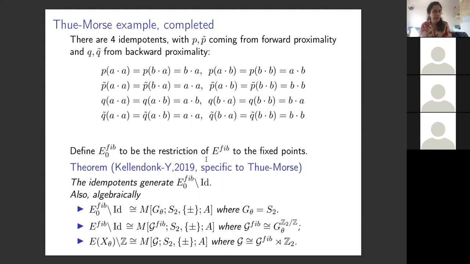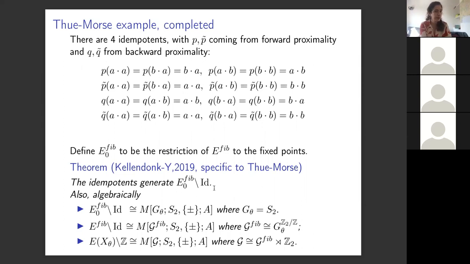Remember, that's the parts of the Ellis semigroup which do not move across fibers, and I'm just restricting to the 0 fiber. So our theorem specific to 2 imors is the following. These 4 idempotents generate E naught fib without the identity. The identity map is always part of it, okay?